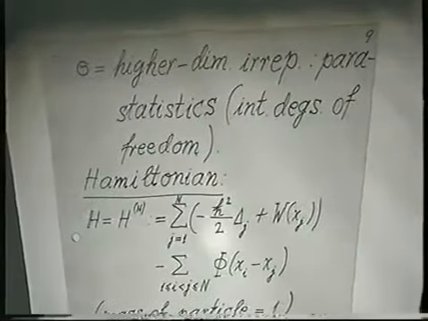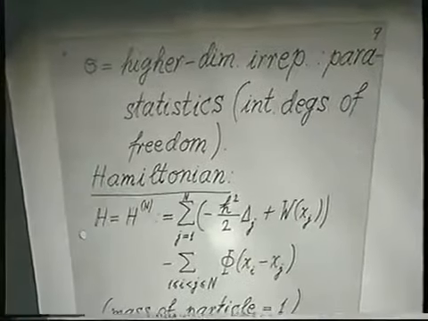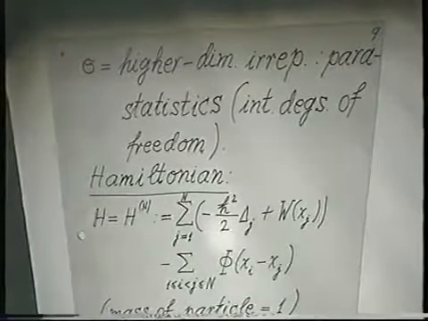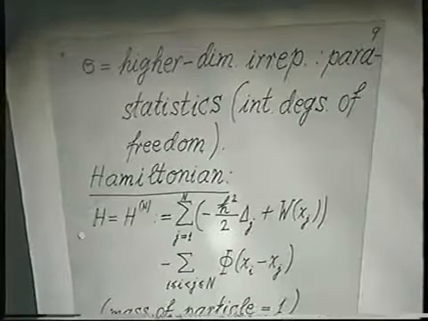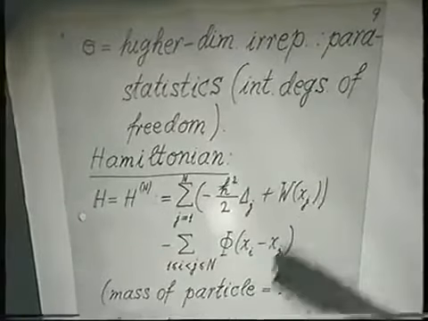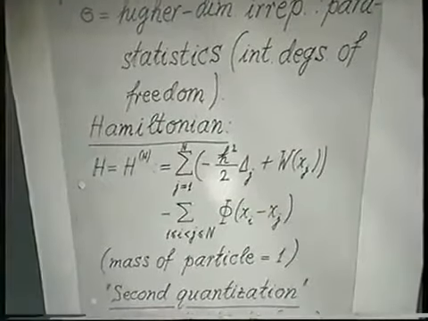The Hamiltonian for this n-particle system, I'm looking at non-relativistic particles, is of the form a kinetic energy operator, which is the first term on the right-hand side of this Hamiltonian. This one, then the external potential, and then the two-body interactions. I have set the mass of the particle to 1.